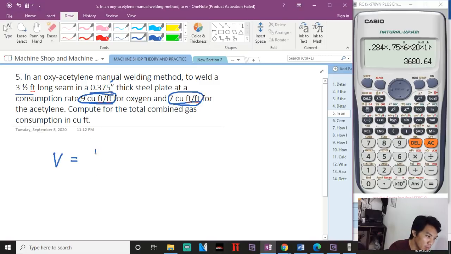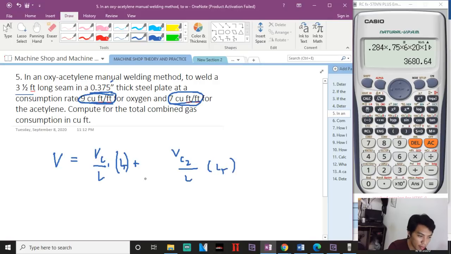Siyempre, yung volume consumption, i-multiply mo yung volume consumption per length nung 1, tapos i-add mo siya dun sa volume consumption ni 2 per length, and then i-multiply mo ng length total ng cut. Gets nyo ba? So, the total consumption will be, makakancel mo yung unit ng feet.